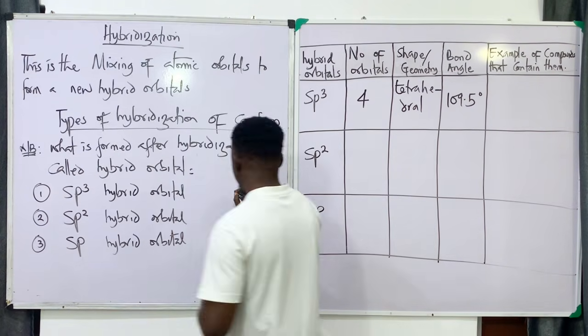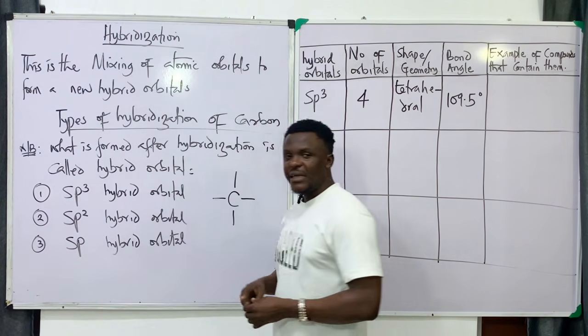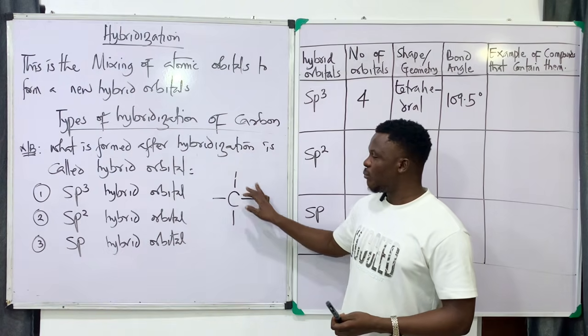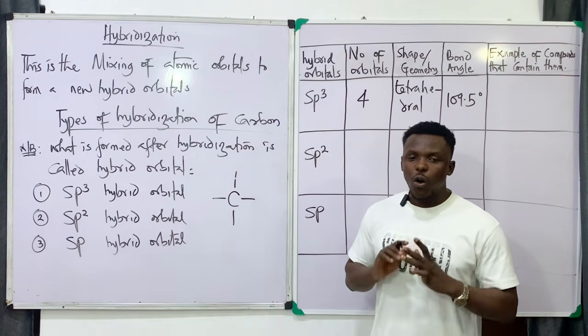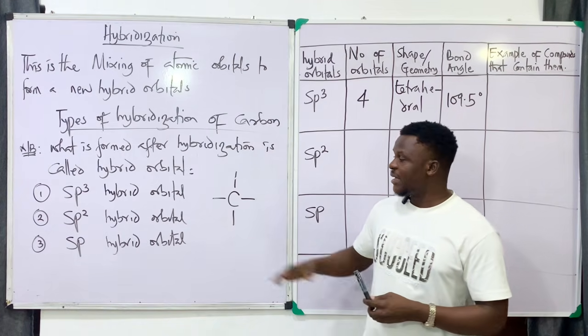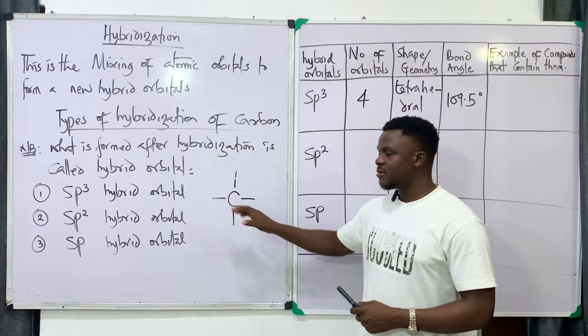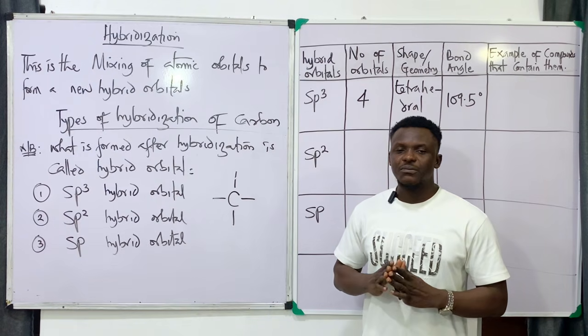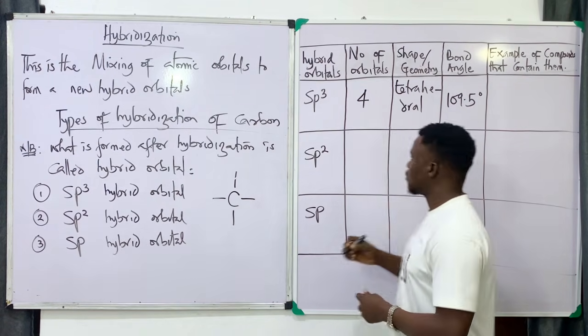For example, we have this. Anytime a carbon atom has 4 single bonds attached to it, that carbon is said to be sp3. Or we can simply say any carbon atom that has 4 atoms attached to it is said to be sp3, right? And where can we find those kind of atoms?